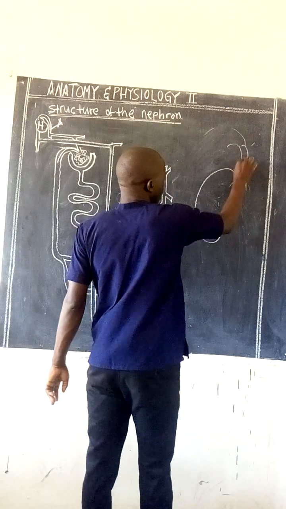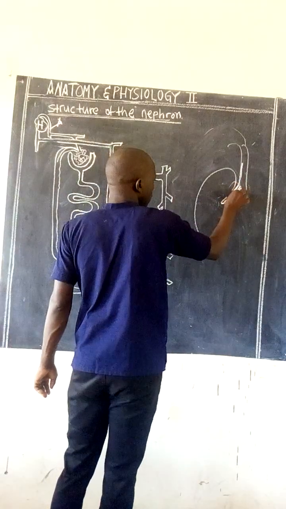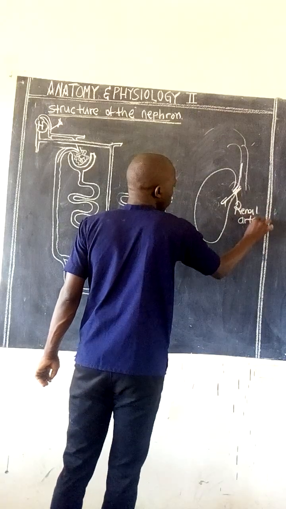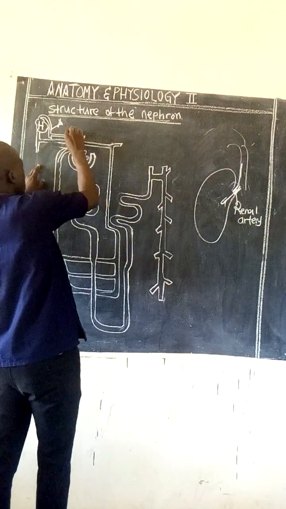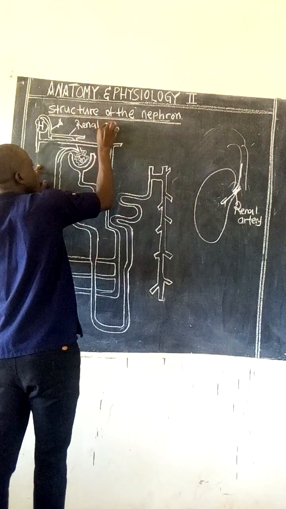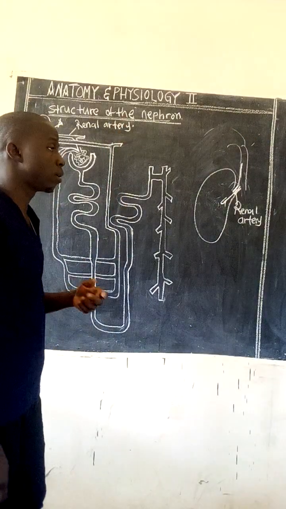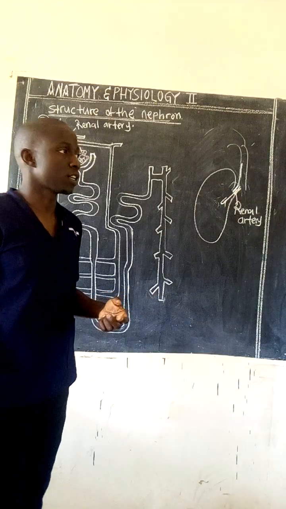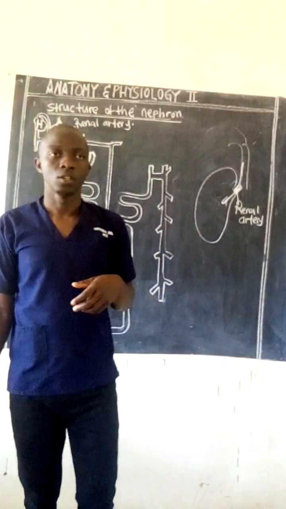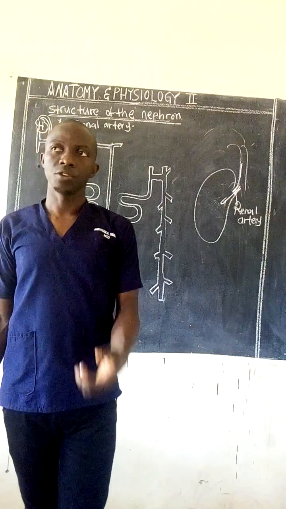So blood is leaving the aorta to enter the kidney at what we call the renal artery. So this one here becomes the renal artery.